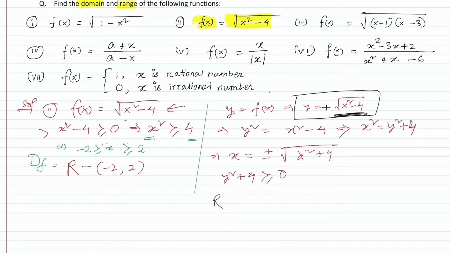What will be the range of this function then? As you can see, this should not be negative. y square plus 4 should not be negative, and y is a non-negative real number.